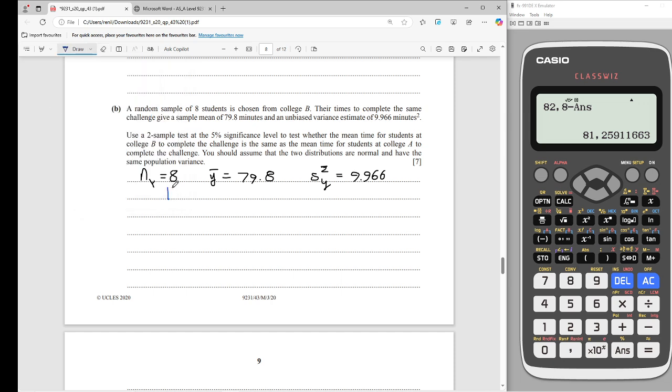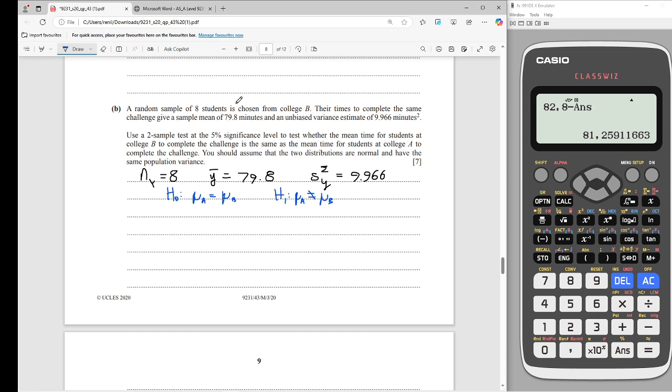H0 states that the population mean of B is the same as A. However, given that they're saying it's the same time for A and B, H1 means that mu A is not equal to mu B. They're not saying that mu A is greater than; it's just not equal to mu B.